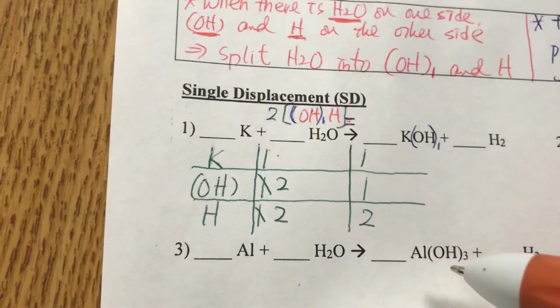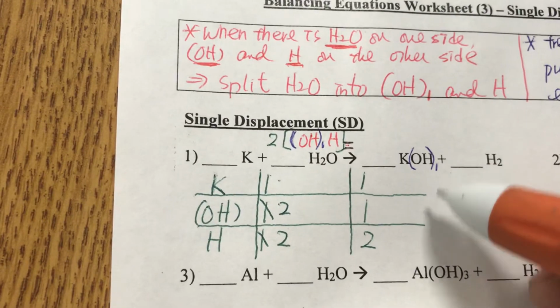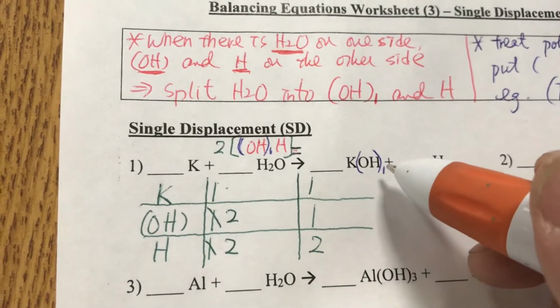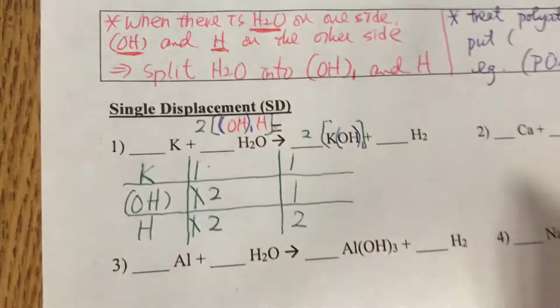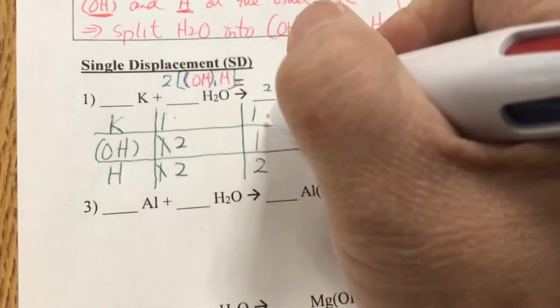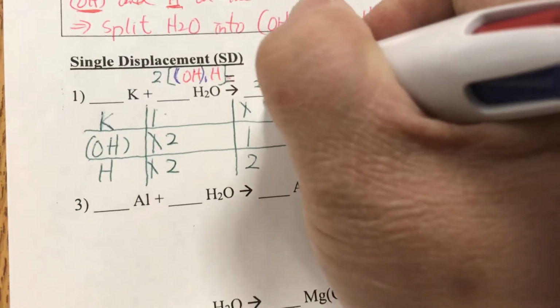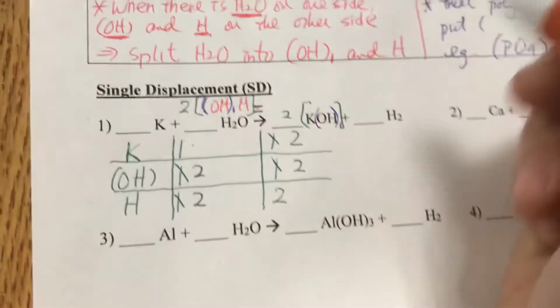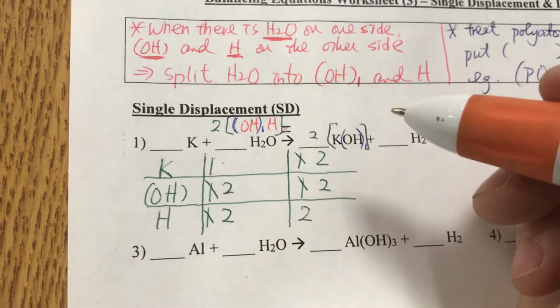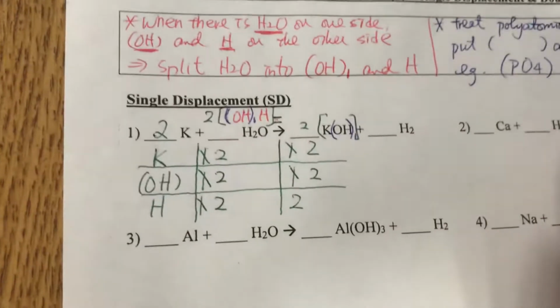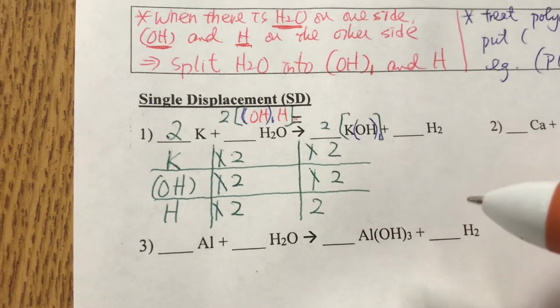So it looks like my hydrogen is balanced, but my OH is not balanced. How can I make my OH balanced? I'm going to put the 2 right here and put a big bracket. So then I change my K to be 2, and then I change my OH to be 2. But then finally my K is not balanced, so I'm going to put the 2 in front to make my potassium balanced. So now it looks like everything is balanced.